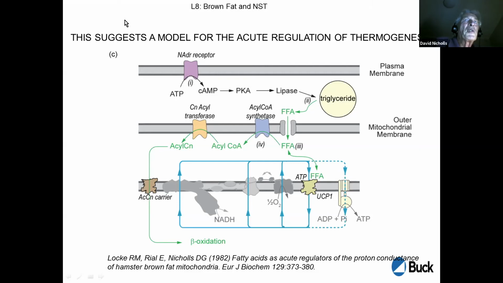Let's think what happens. The noradrenaline receptor on the plasma membrane, it's a beta-3 adrenergic receptor, gets activated by noradrenaline released by the sympathetic nervous system.